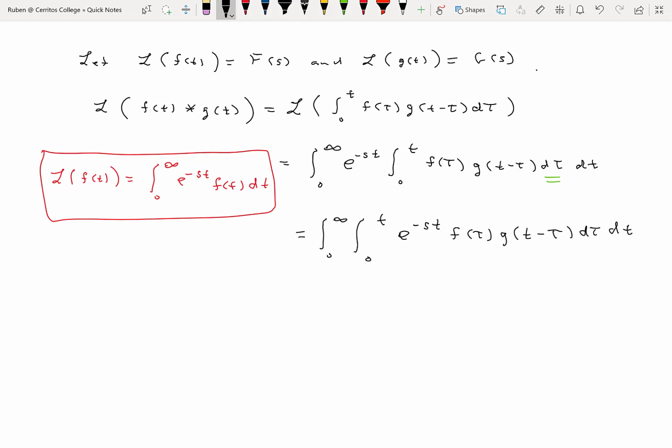And this looks like exactly what you're thinking it is. It is an iterated integral that's a result of finding the double integral of the quantity e to the minus st f of tau g of t minus tau d tau dt.